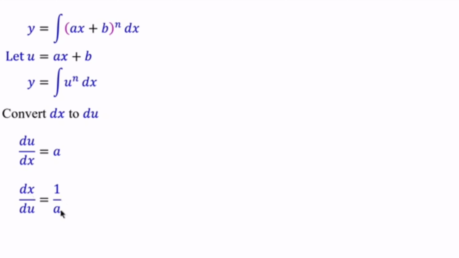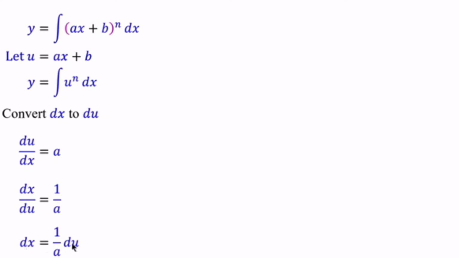You just cross multiply carefully. So with the dx in terms of du, then only you can integrate. Alright, so dx is 1 over a du. So I'm explaining to you again because many students actually cannot pick up this concept well.